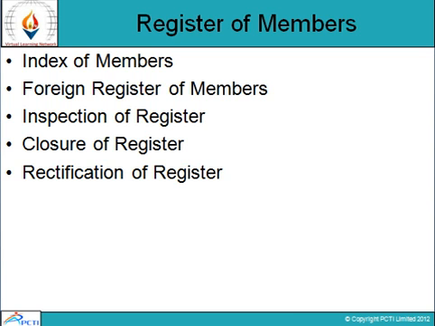Rectification of register. Section 155 of the Companies Act provides that if the name of a person is entered without sufficient cause, or after having been entered in the register is without sufficient cause omitted therefrom, the aggrieved party may apply to the Company Law Board for rectification of the register.